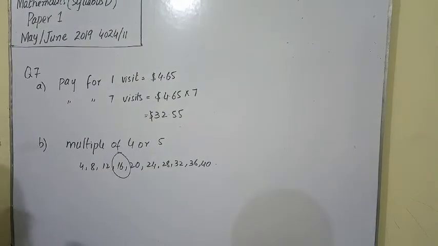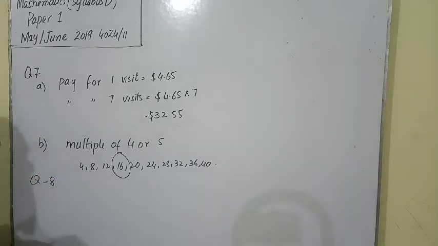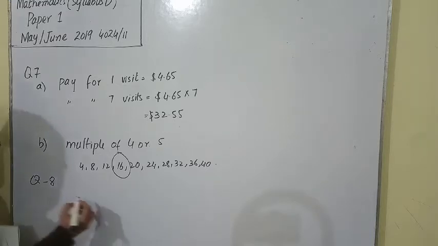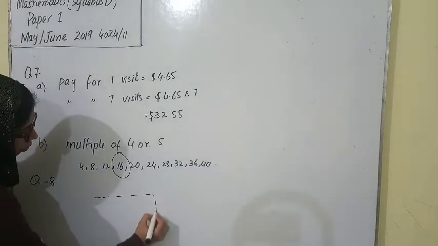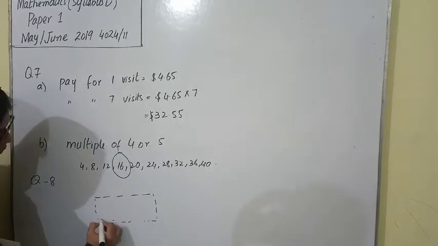Now come towards question number 8. In question number 8, a triangular prism is given. So I am going to draw a triangular prism that is given in the question paper.